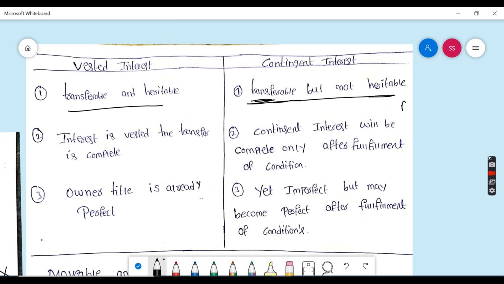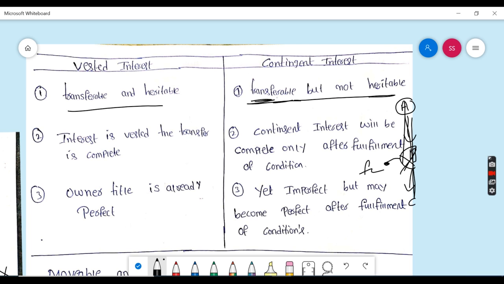So here, A transferred property to B only if B marries C. Let's say before marrying C, B died. Then the interest will not go to B's family. So this contract automatically gets cancelled as soon as B dies, because it is not heritable.